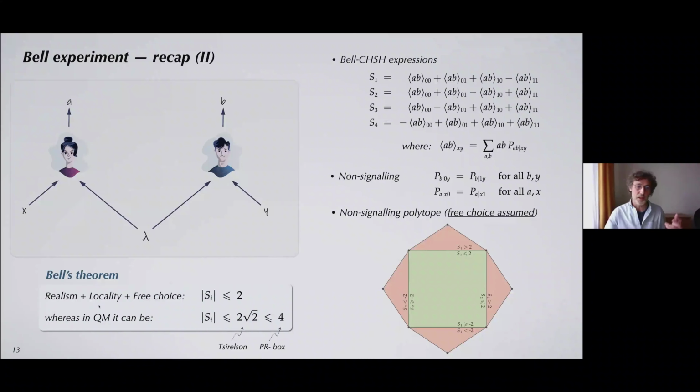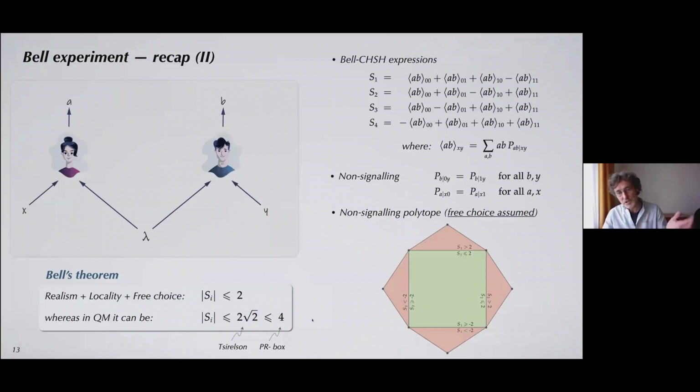And then Bell's theorem says that realism, locality, and freedom of choice, perhaps no retrocausality as well, require that those expressions are less or equal to 2. This is this local bound. In quantum theory, we know that the Tsirelson bound says it can go up to 2 square root 2, which is not as high as 4, which is attained by PR boxes.